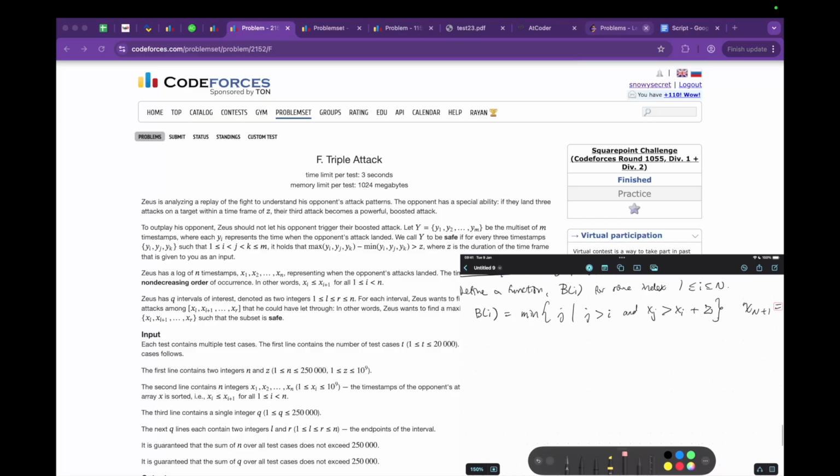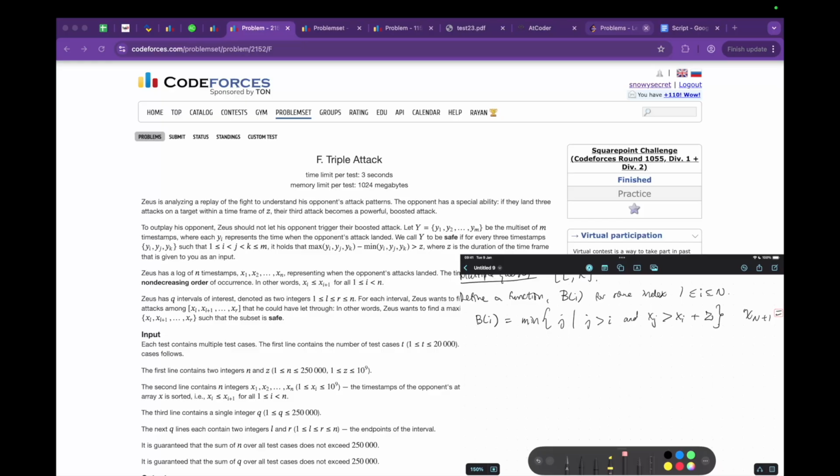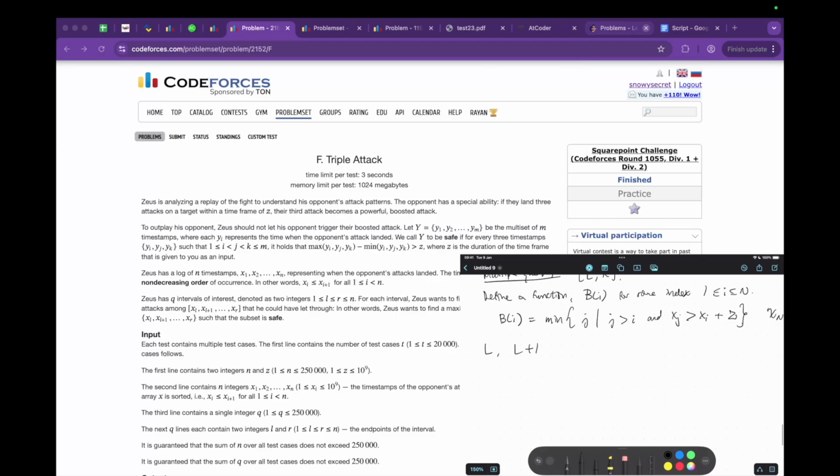So for a single query, we would start with the first two indices, which would be L, followed by L plus 1.